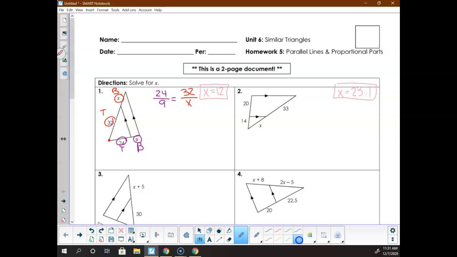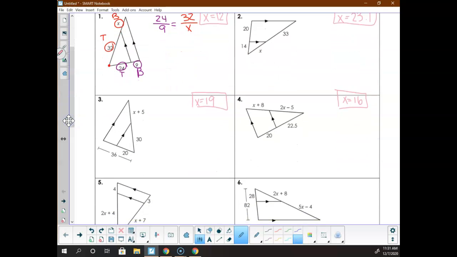So if you guys want to write these in, also, this one up here is 23.1, not 231.